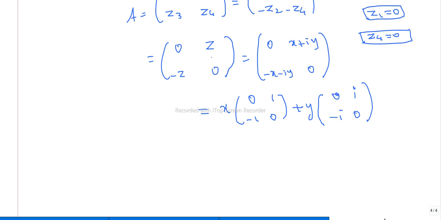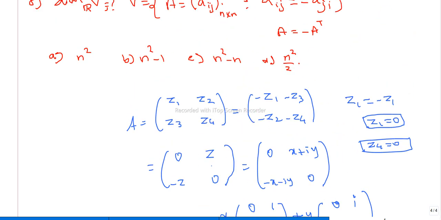If you multiply X and Y inside and sum both, you get the above matrix. Therefore these two are a basis for this 2 by 2 case. So for n equal to 2, the dimension is 2.